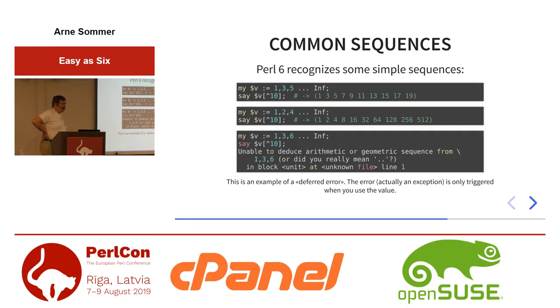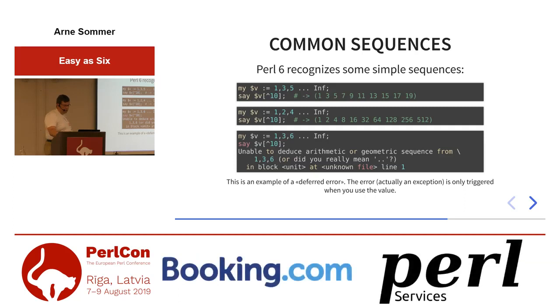If it doesn't understand what you're trying to do, like in the third one, it fails. If you want to have complicated rules, you can specify that, but I'm not going into that now.